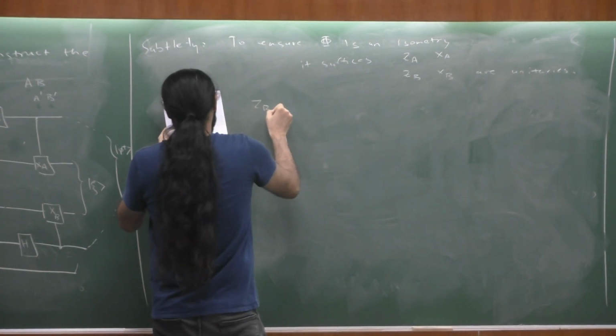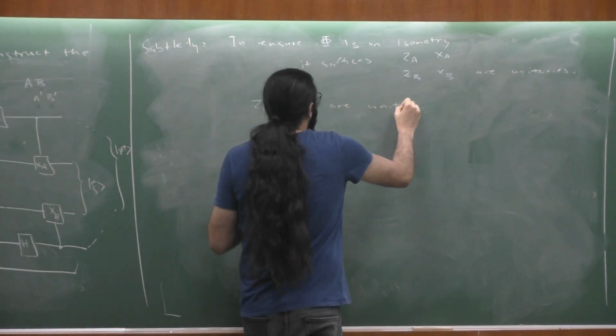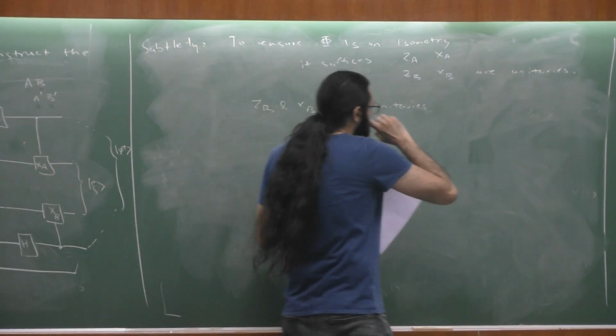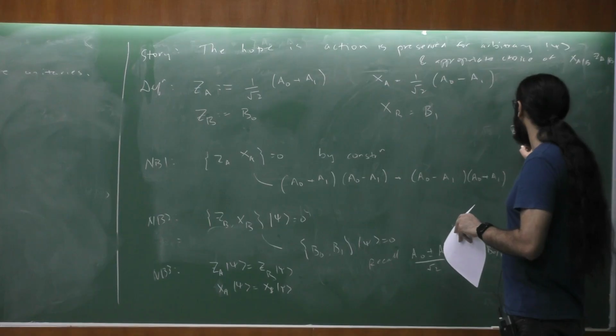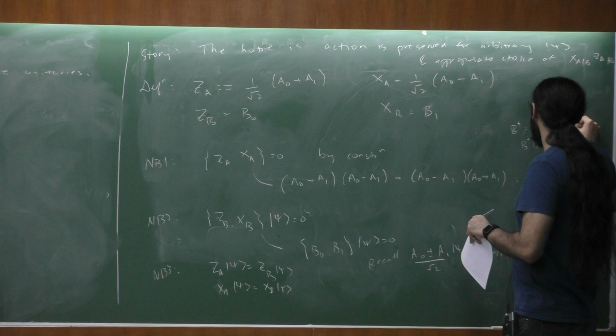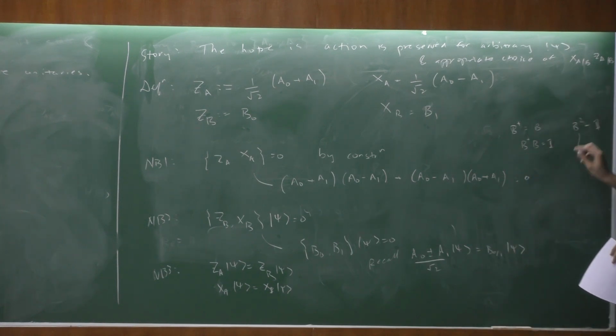Now ZB and XB are unitaries. This is just because of how we define them. We define them in terms of these POVMs and their additions, and they satisfied B dagger B. It was Hermitian, and then we had B dagger B being identity because B squared was identity, and this was because it was a sum of projectors spanning the entire space.